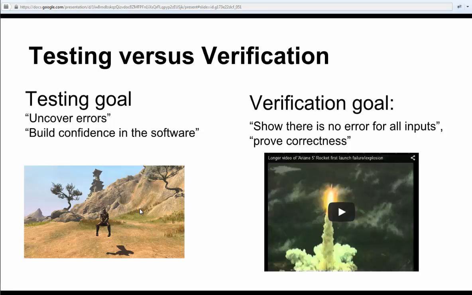If we don't find errors, if we don't find these problems, I would like to build confidence in my software. If I'm going to release this game to a greater audience, I don't want them to laugh at me. If I'm smart, I will release these videos myself and have a good laugh.